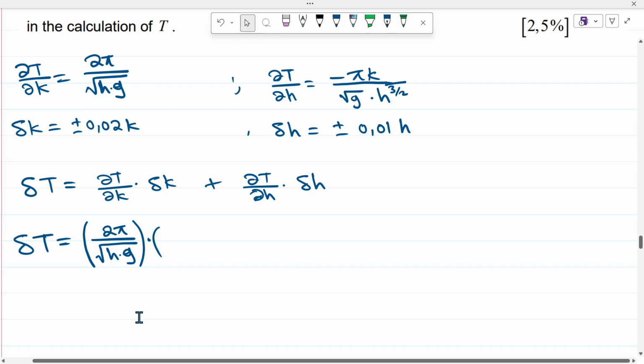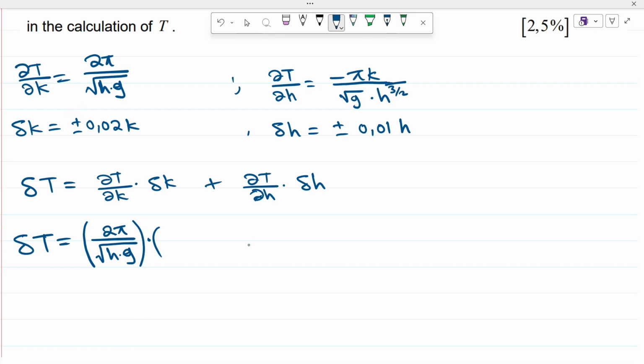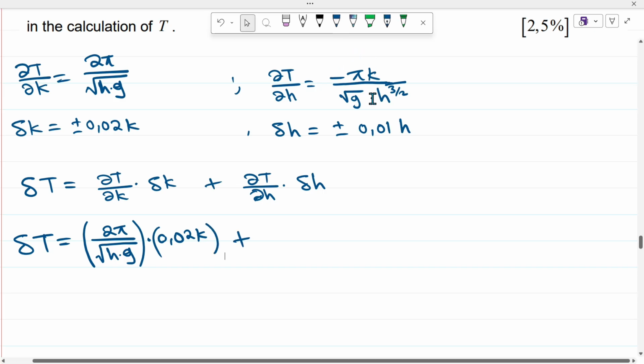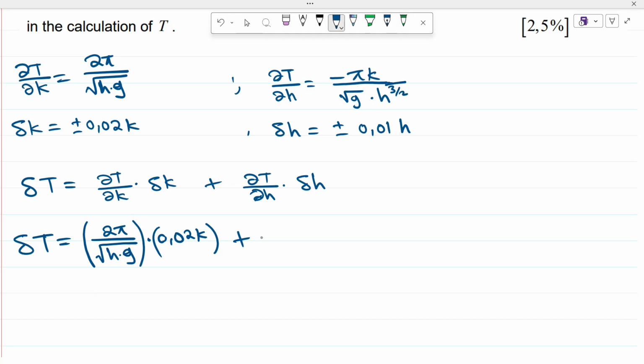So the sign for the change is going to be positive. So here we're just going to substitute 0.02 k, and then we close, and then we say plus. Here we copy this guy.